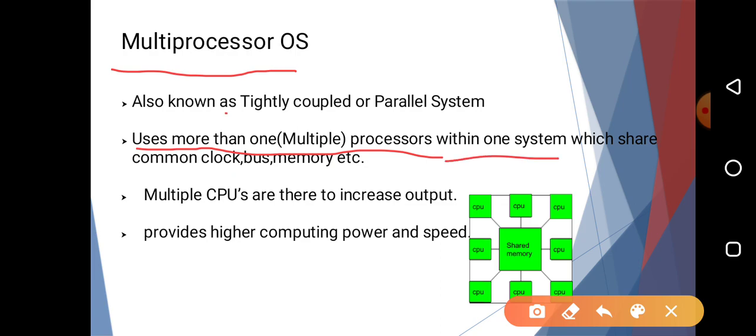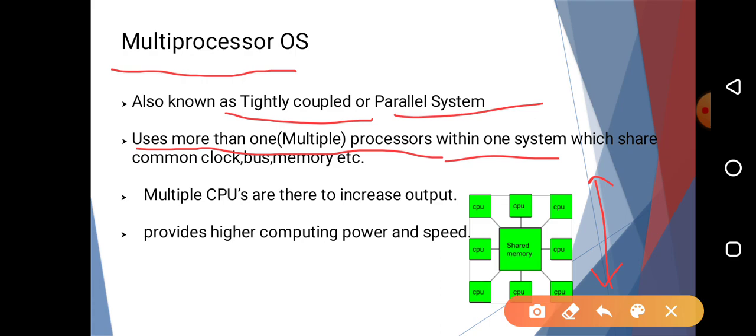It is also known as a tightly coupled system or parallel system. Why is the name given as tightly coupled or parallel system? Because as shown in this figure, there are multiple CPUs connected within only one system and they are going to act as one unit or perform the task parallelly.